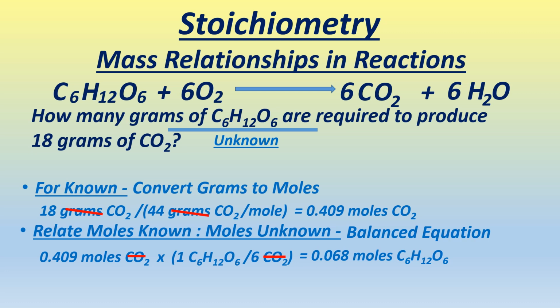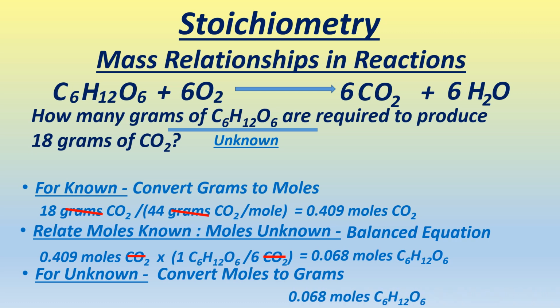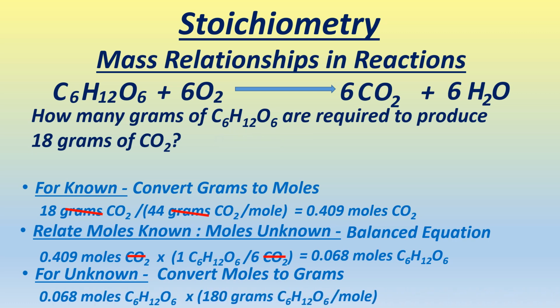Finally, the question asks how many grams, so one now has to convert moles back to grams. In this case, I multiply the number of moles by the weight of C6H12O6, 6 carbons, 12 hydrogens, 6 oxygens, weighing 180. I'm multiplying because moles times grams per mole is going to cancel out the number of moles, and leave you with my answer. It would take 12.27 grams of C6H12O6 to produce 18 grams of CO2 by this balanced equation.